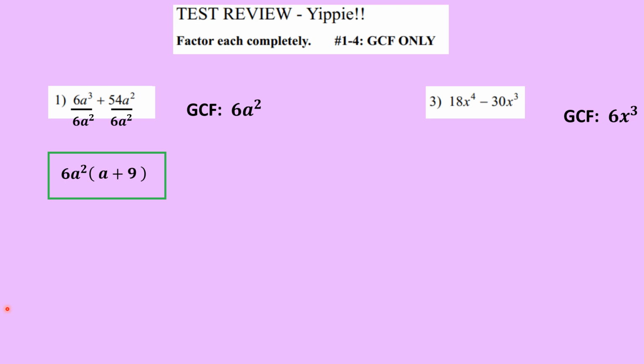Just like we did for example 1, I'm going to divide each term by 6x cubed, that GCF, and I will list it as the first factor, and then parentheses, whatever's left when I divide. 18x to the fourth divided by 6x cubed will just be 3x, and negative 30x cubed divided by 6x cubed will be a negative 5. So factored form is 6x cubed multiplied by the quantity of 3x minus 5.